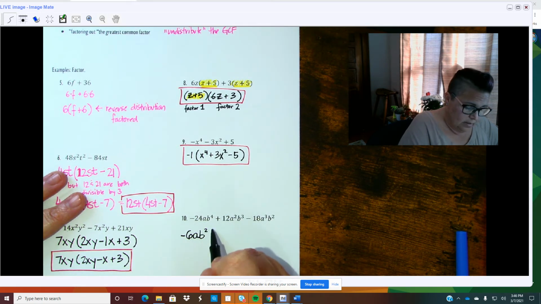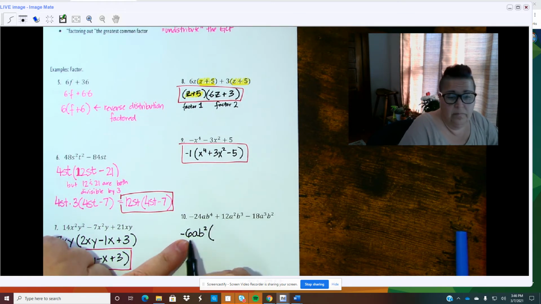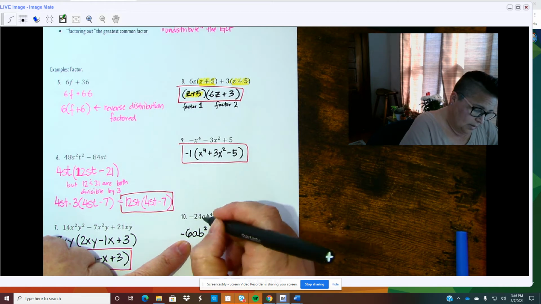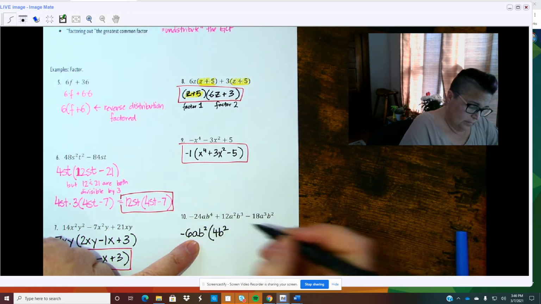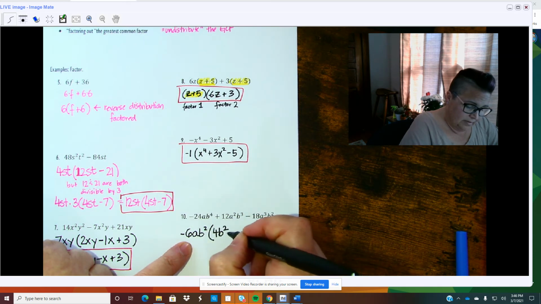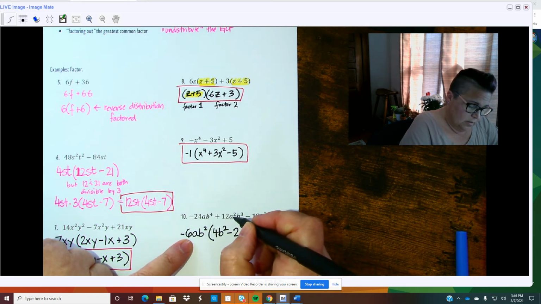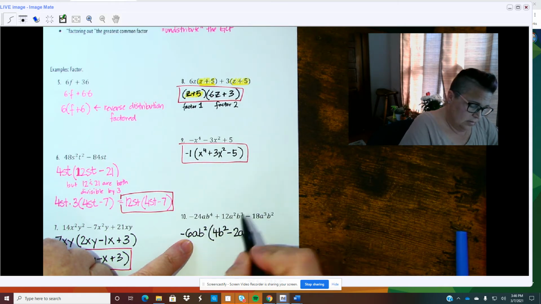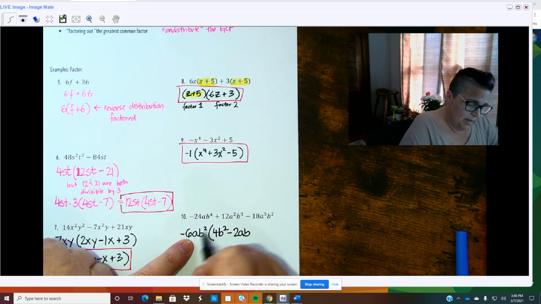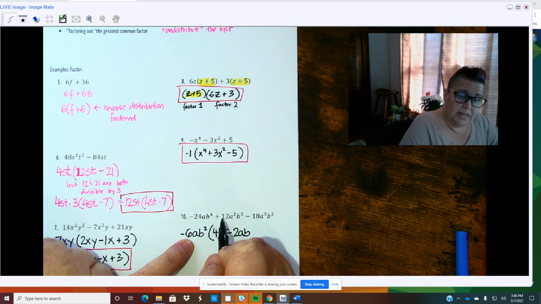Then I am left with negative 24 divided by negative 6, which is a 4. A's are gone, b's I need a squared. 12 divided by negative 6 is a minus 2. A and B: what do I multiply an A by to get an A squared? I need another A. What do I multiply a B squared by to get a B cubed?